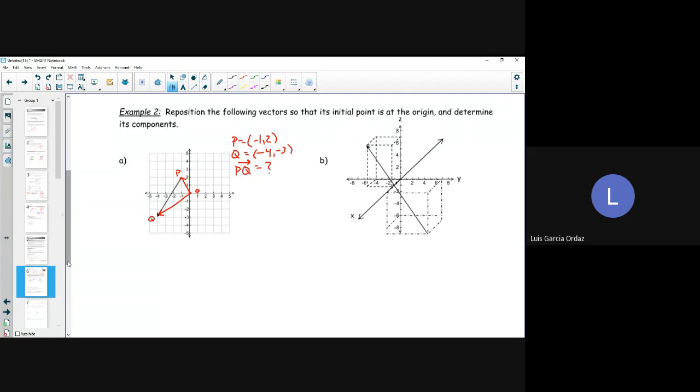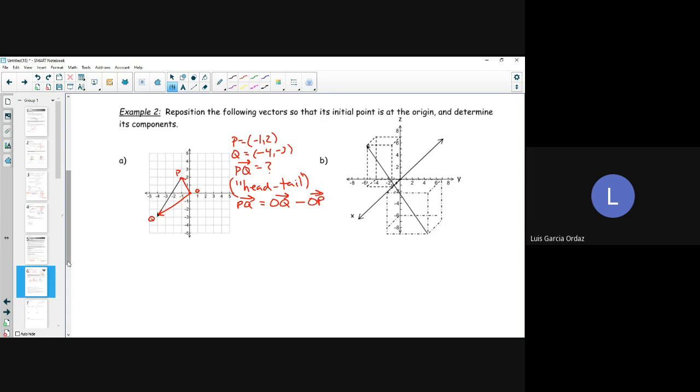In order for me to figure out what vector PQ is, I need to take the point of the head and subtract it by the point of my tail. Which means that vector PQ is going to be vector OQ minus vector OP.